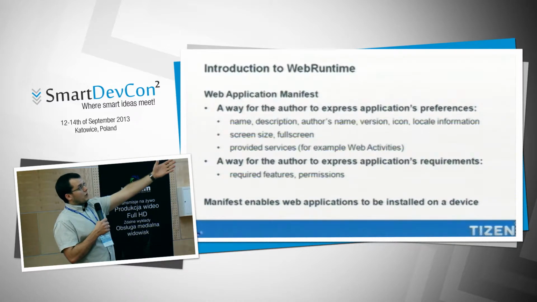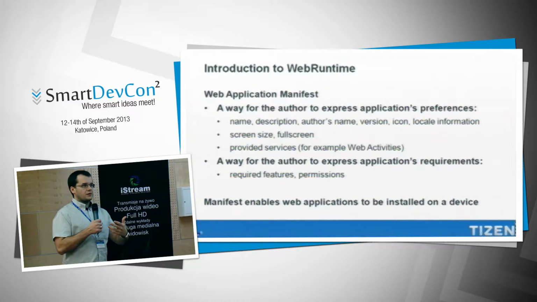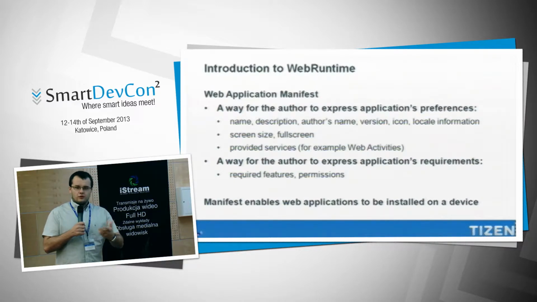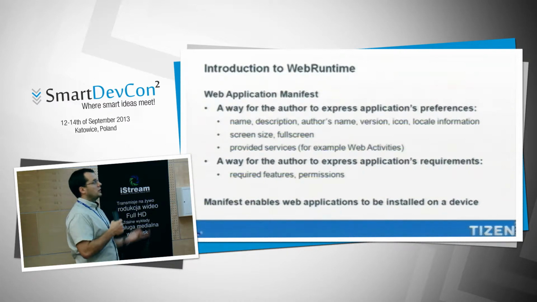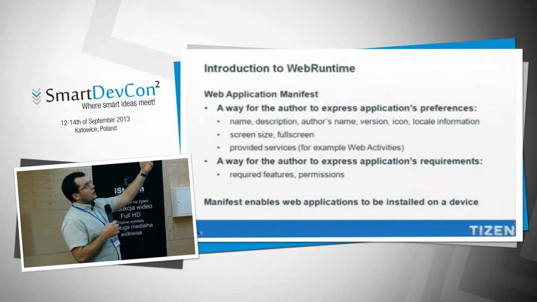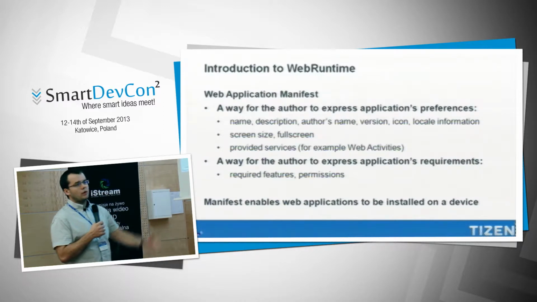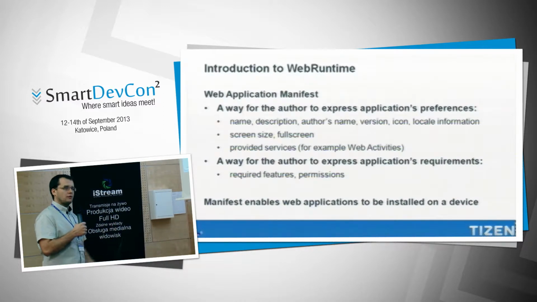And also the application can say that it requires some features, some permissions. Like for example, to work properly, it requires access to the device camera, without which there is no sense to install it because it won't work. So the web application manifest is one of the things that enables the web application to be installed on the device.